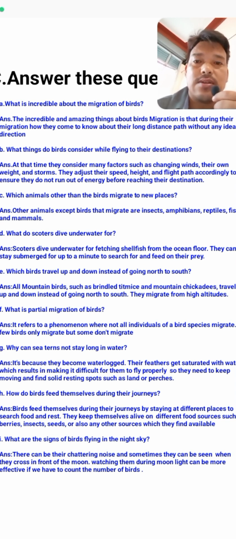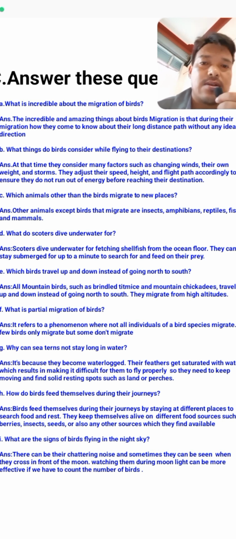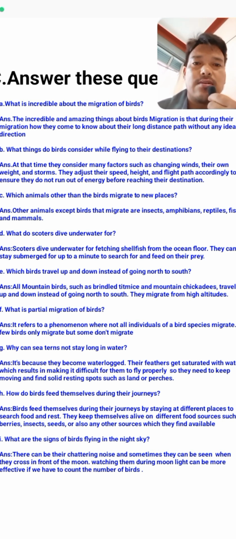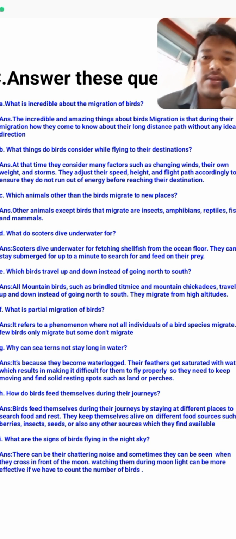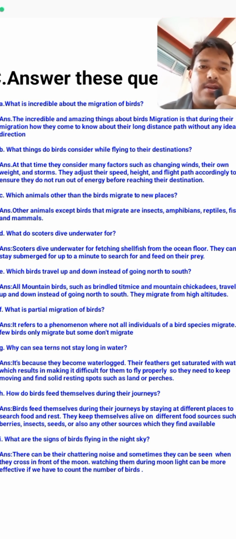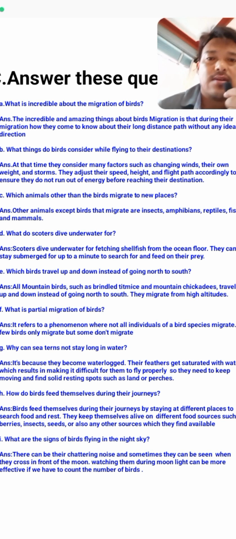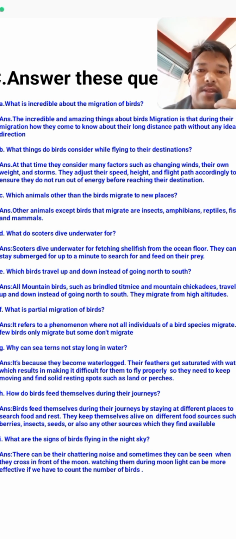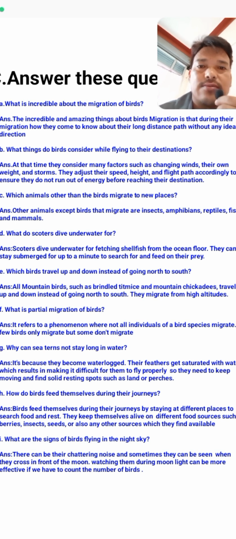And B is, what things do birds consider while flying to their destination? What are those things that birds consider at the time of migration? They consider many factors, students, such as changing winds, their own weight, storms, and sun and light also.